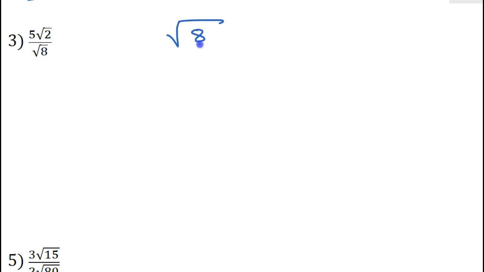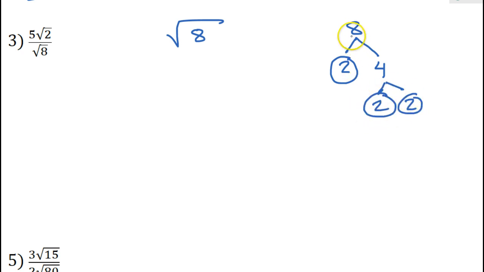Now, if I break this down using a factor tree, 8 is 2 times 4. 2 is a prime number, so that's the end of that branch. And then 4 is 2 times 2. So the prime factorization of 8 is 2 times 2 times 2.